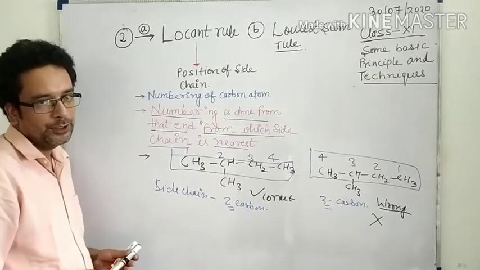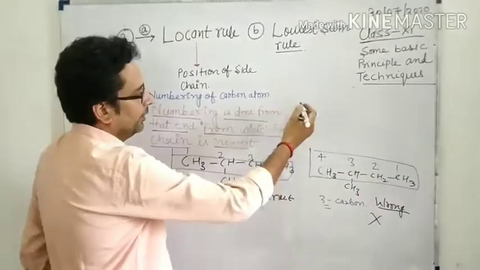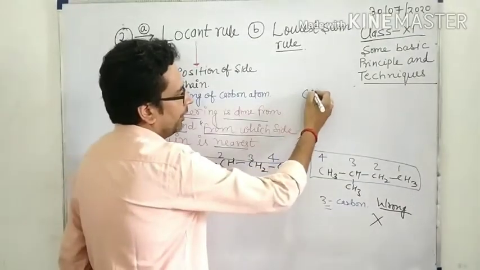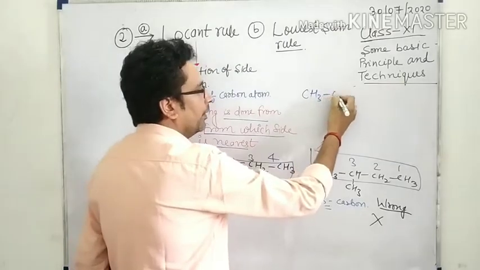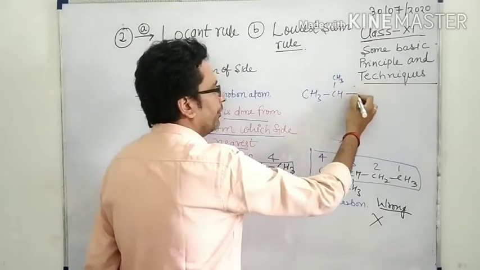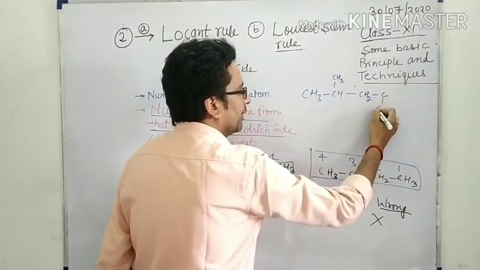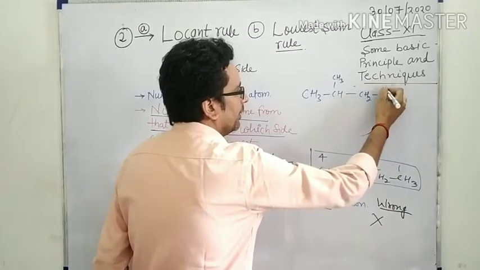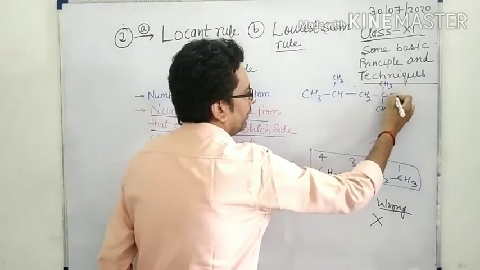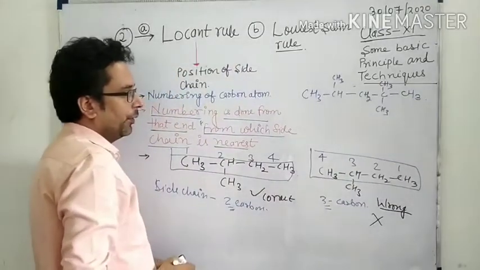What about the lowest sum rule? Now with an example, look here, CH3, CH3, CH2, CH3, CH3. Okay.